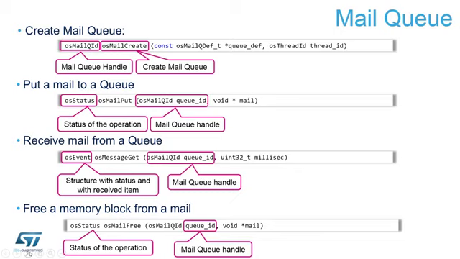So using queues and mails, both have benefits. Mails take a snapshot of the content inside the mail, but you need to allocate a lot of RAM. However, the queues take only a pointer, but you need to maintain the original content until the receiver processes that.